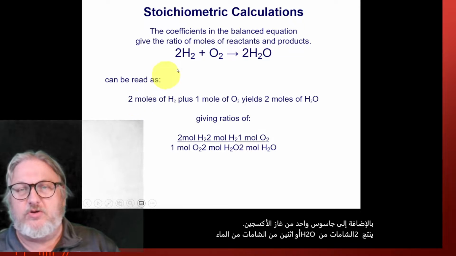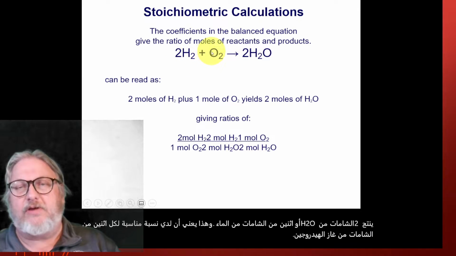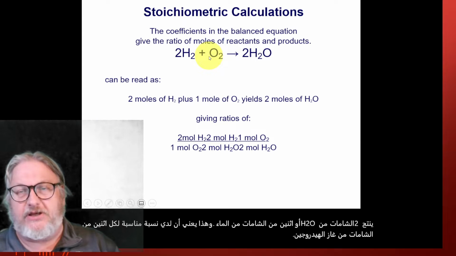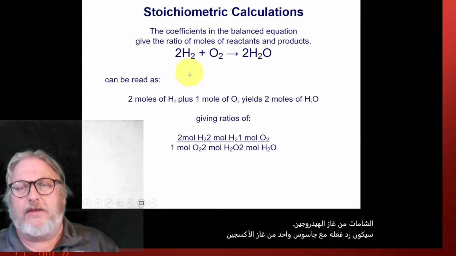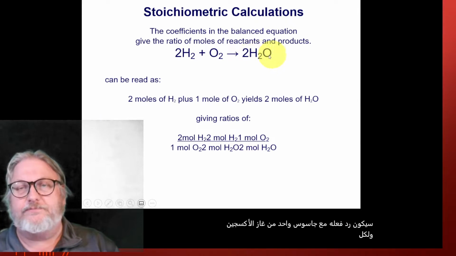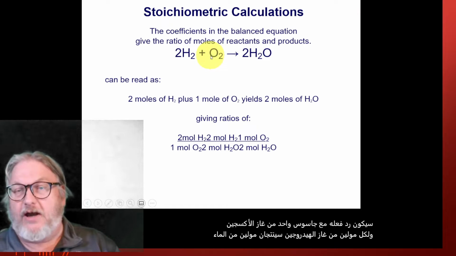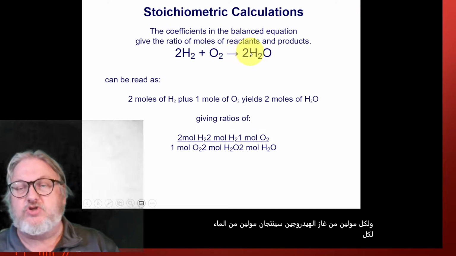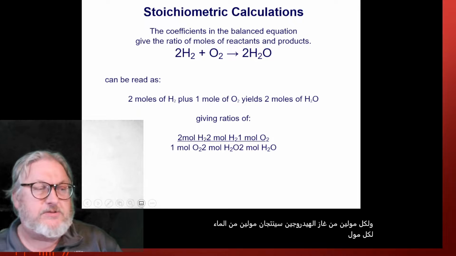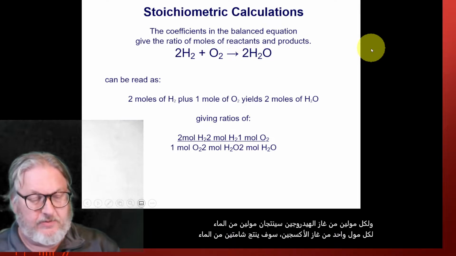For every 2 moles of hydrogen gas, it's going to react with 1 mole of oxygen gas. And for every 2 moles of hydrogen gas, it's going to produce 2 moles of water. For every 1 mole of oxygen gas, it'll produce 2 moles of water. All we're talking about is ratios. So that's sort of cool.